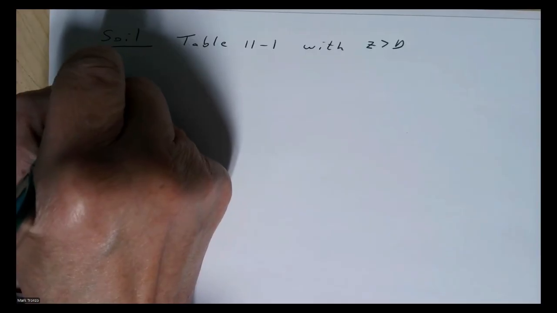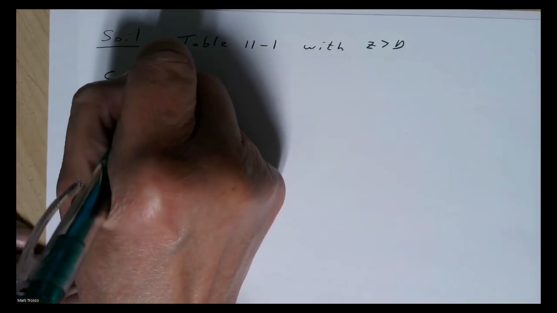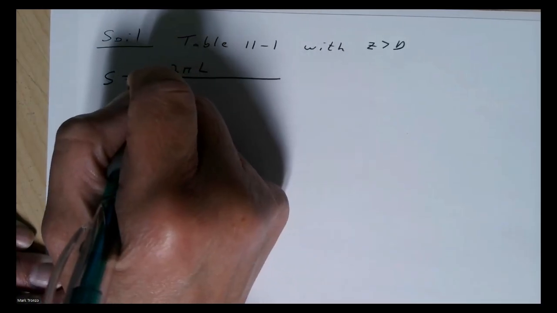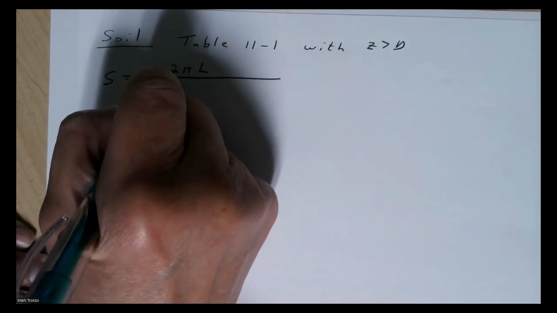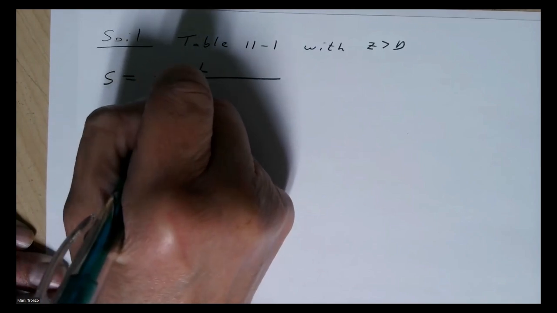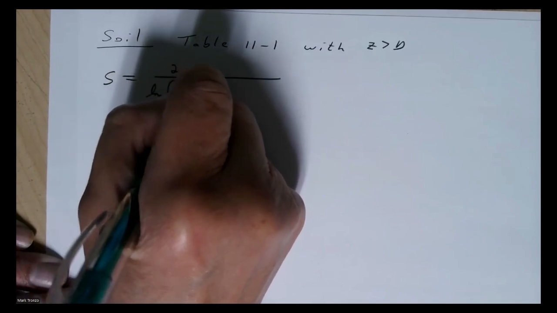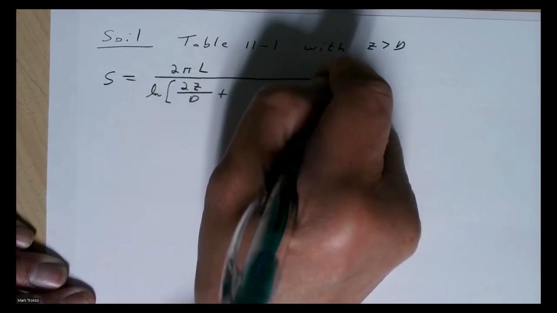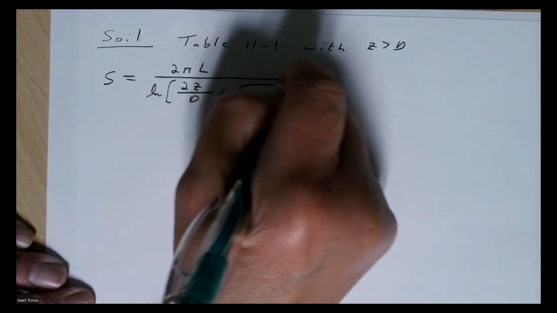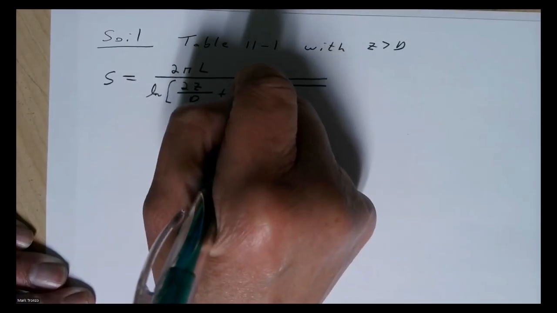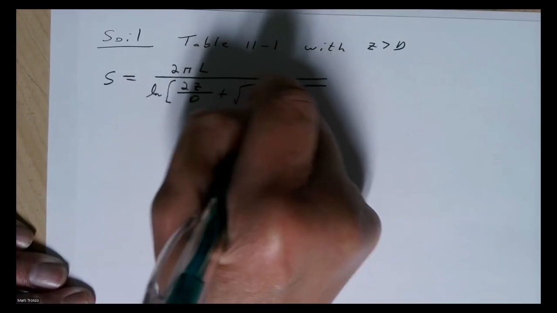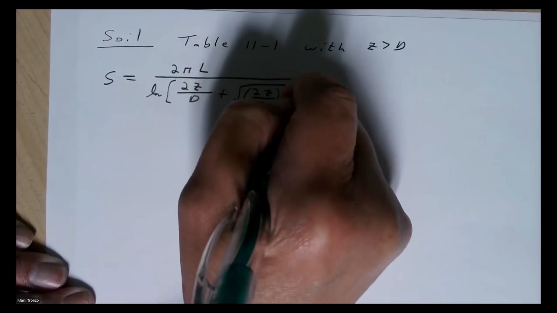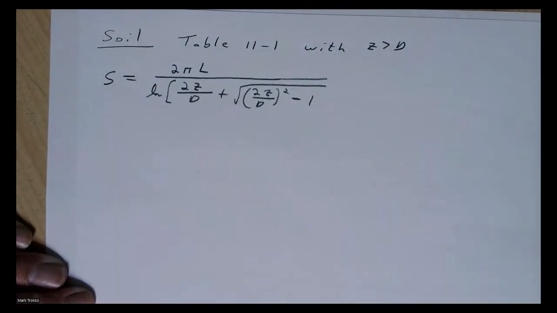And in my book, I'll write this down: 2 pi L divided by the log of 2Z over D plus the square root of (2Z over D) squared minus 1, like this.